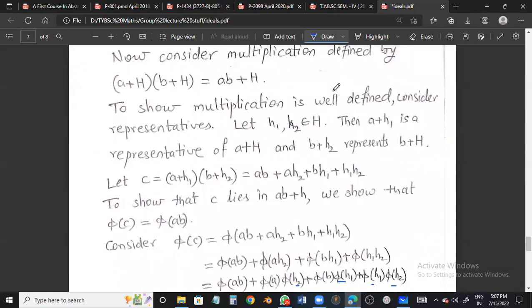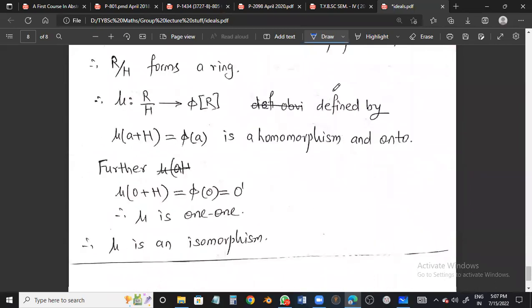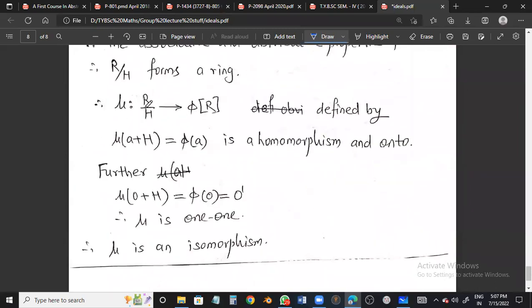So we continued here. We have mu from R by H to phi of R. This is our definition. So basically phi being a homomorphism will mean that mu is a homomorphism. Second thing, you are going to the image set. When your codomain is the image set itself, it is onto directly.